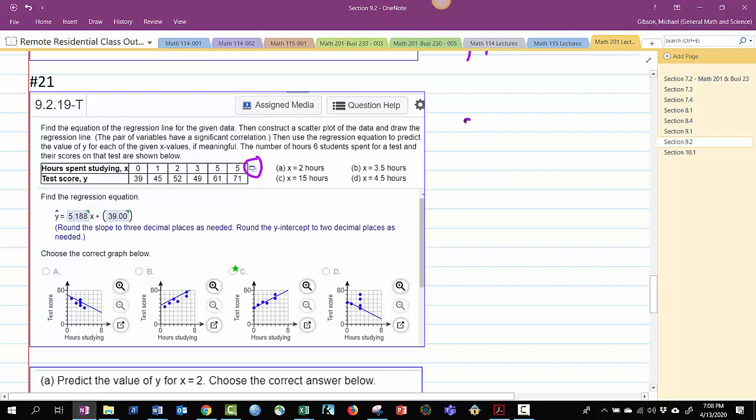If you wanted to do this on your calculator, you hit the STAT key, then hit enter. This will bring up the screen with the variables L1, L2, etc. Type the x's into L1, type the y's into L2.